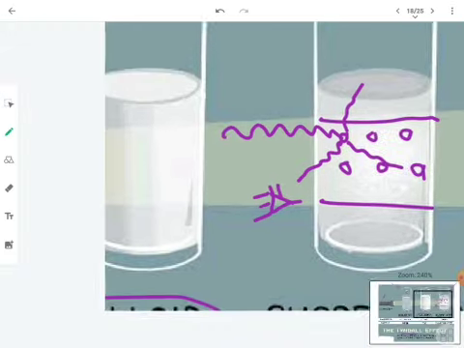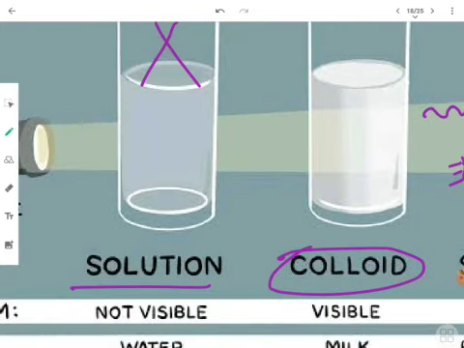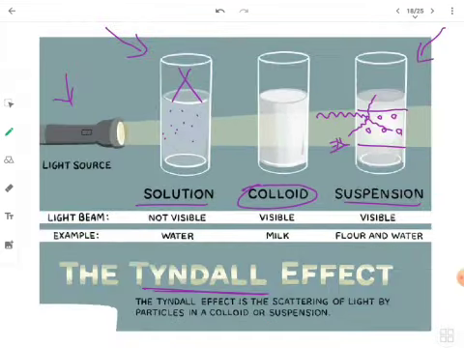So in solution, if I explain to you, the particle size is so small that the scattering does not actually take place. The particles are so small that the light cannot get scattered enough. So you will see that a suspension can actually show you the path of light visible through it.